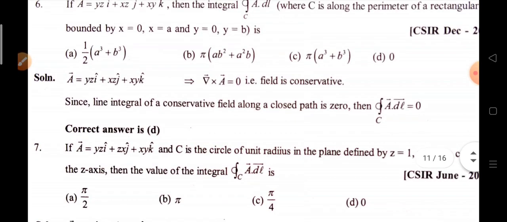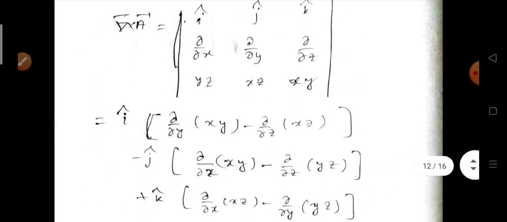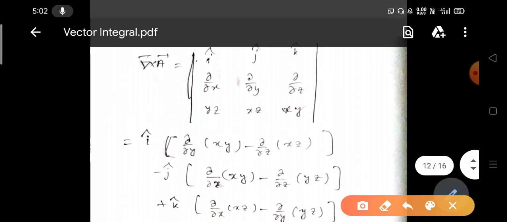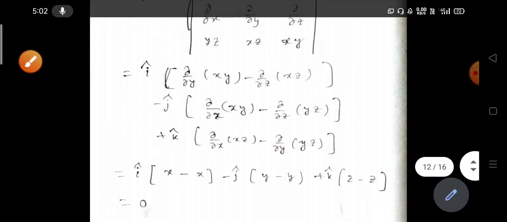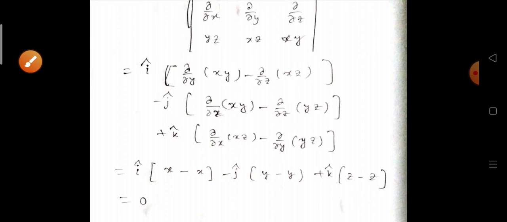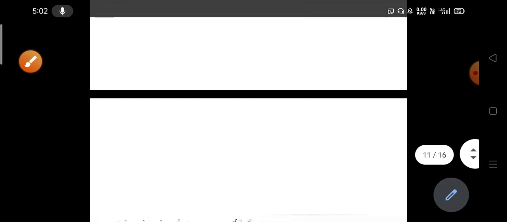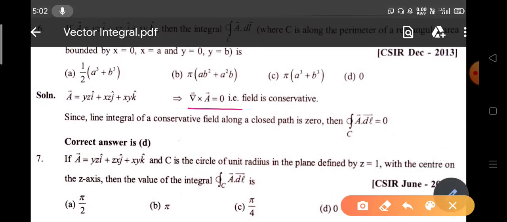Finding the curl of A is easy, but I am showing you again: you can find it as the determinant with i cap, j cap, k cap, del del x, del del y, del del z, and for the x component it is yz, for the j component it is xz, for the k component it is xy. Simply calculate the curl of the vector and you get curl of A as 0. So as the curl of A is 0, the closed integral of A dot dl is also 0.